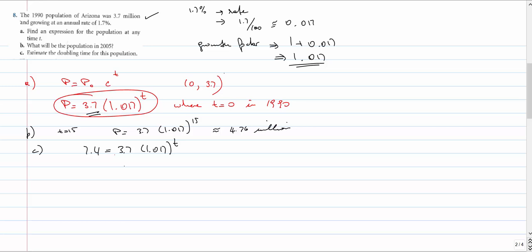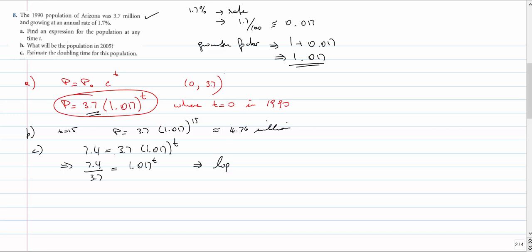Now that you learned section 2.6 logs, I'm going to solve this first algebraically. 7.4 over 3.7 is equal to 1.017 to the power t.